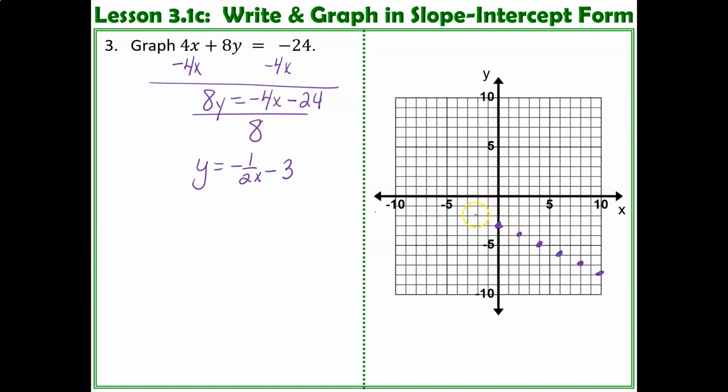Now I'm going to go up 1, left 2, up 1, left 2. There we go. So my x-intercept is -6. And my y is -3.